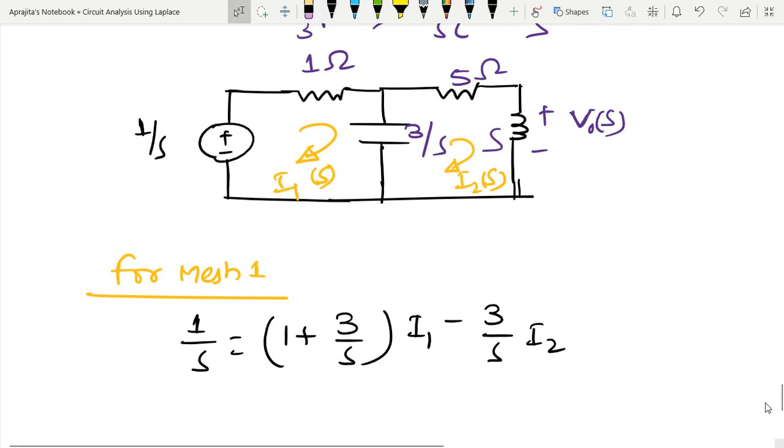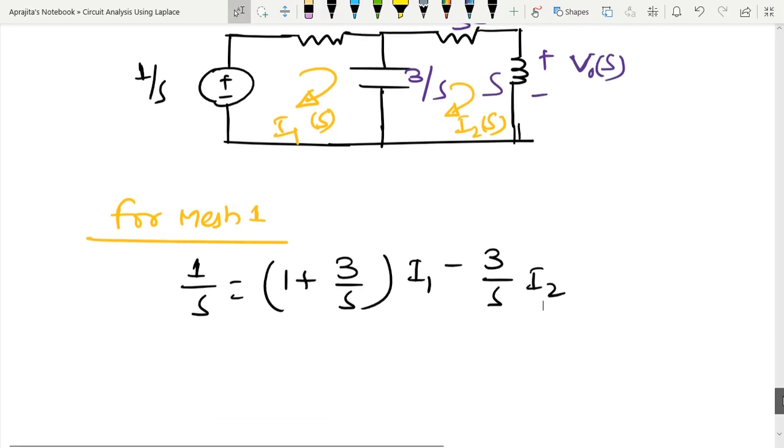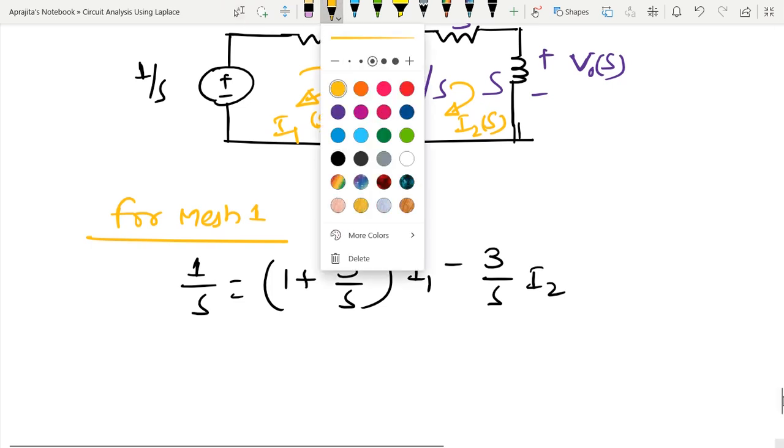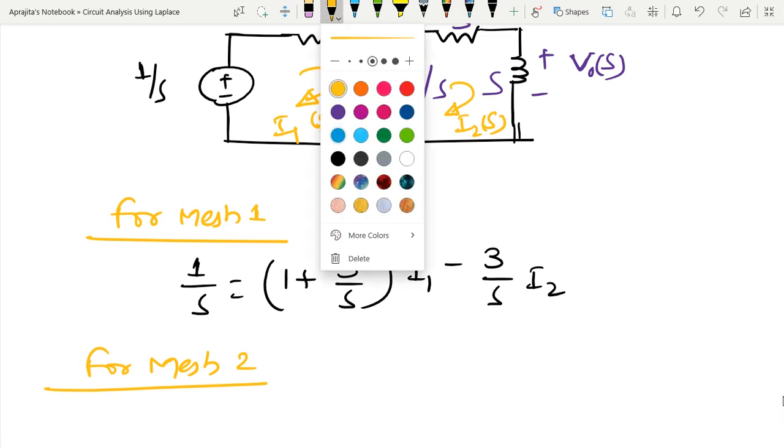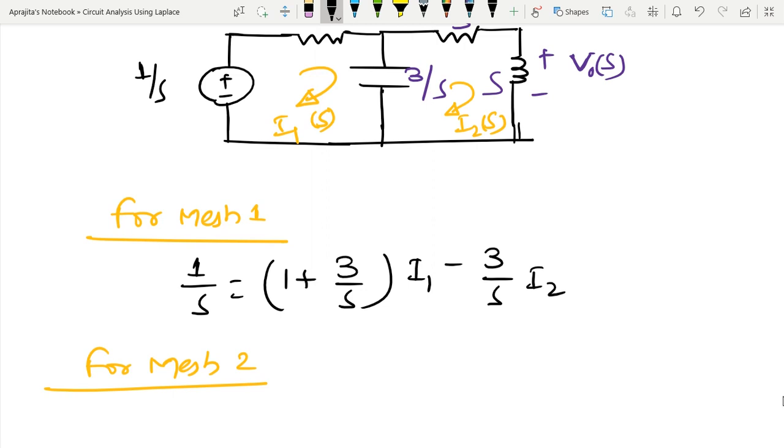And for mesh 2, let us come to mesh 2. Now I am going to write the same kind of thing for mesh 2. There is no voltage source in this mesh, so basically I have 0.